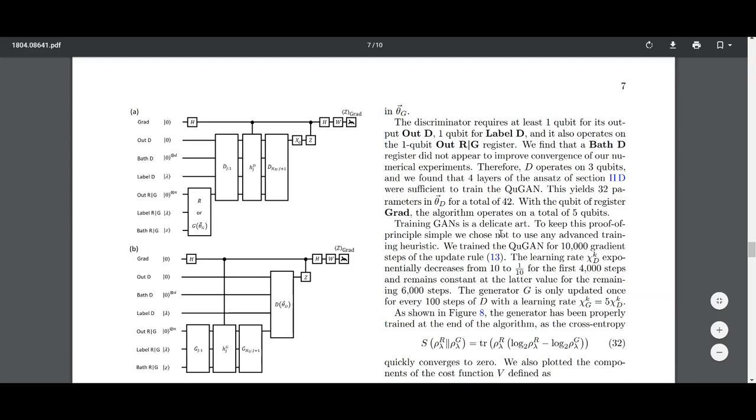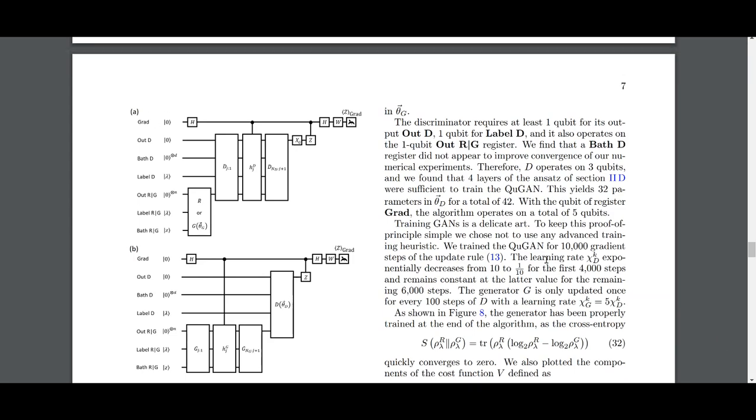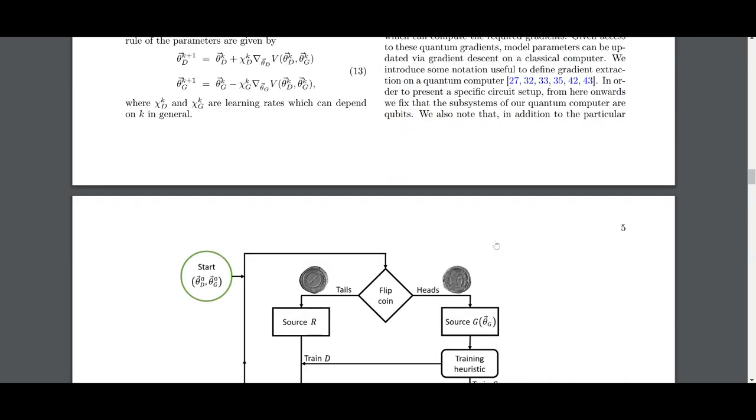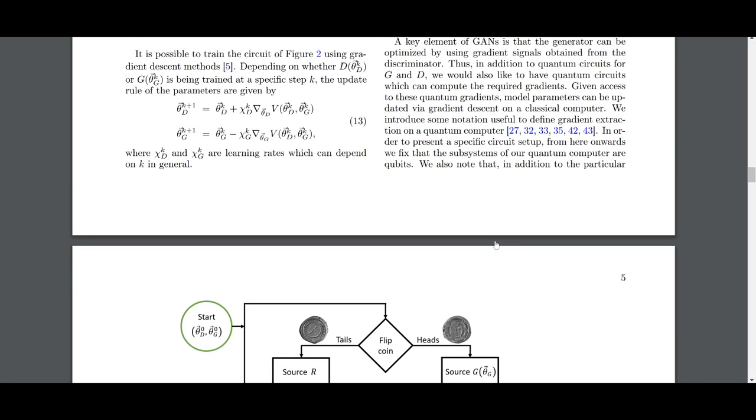The GANs, training the GANs is a delicate art. To keep this proof of principle simple, we choose not to use any advanced training heuristic. Training for 10,000 gradient steps, we obtain rule 13. What is rule 13? Okay.